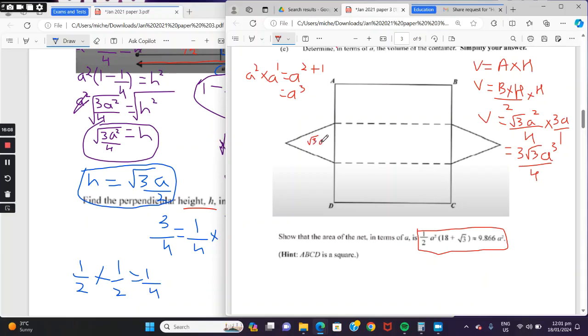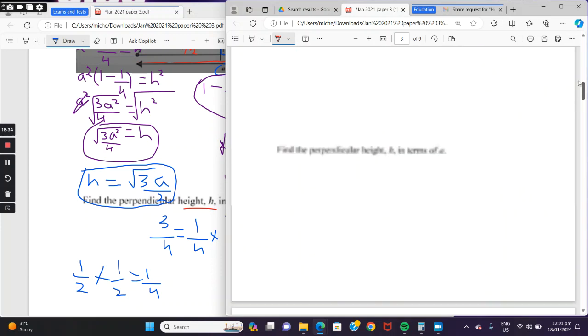So we don't have to look at that again. Both of them will be the same because it's the same shape, so the triangles will have the same area. So the only thing it tells us to find the area of is the rectangular parts. There are three of them. One, two, three.